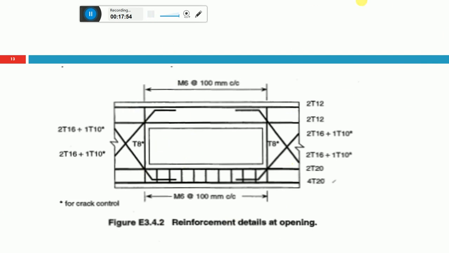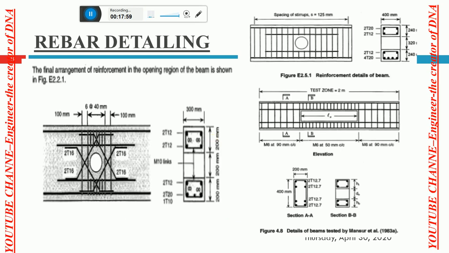Before, I showed something about the three cases. This will be the minimum reinforcement that should be provided in order to save the structure, and this is the first arrangement to safeguard all aspects: shear, bending, torsion.